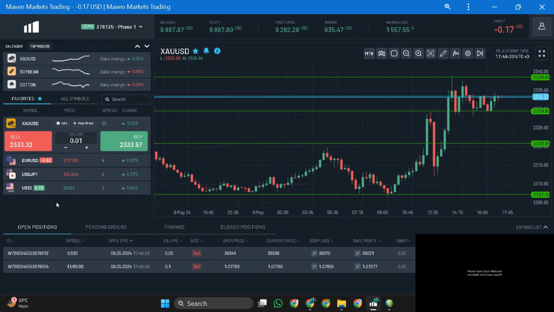If it comes down, then our these two trades in US 30 and Euro USD, they both are going to work. But if it doesn't come, if it keeps moving upward, then it is highly likely that we will lose both our trades. So for today, one trade I lost, and these are the next two trades. After that, I am not going to make any trade. So that is enough for today.